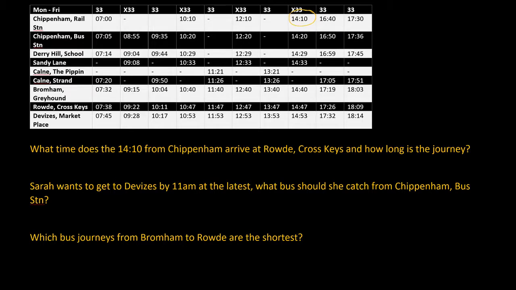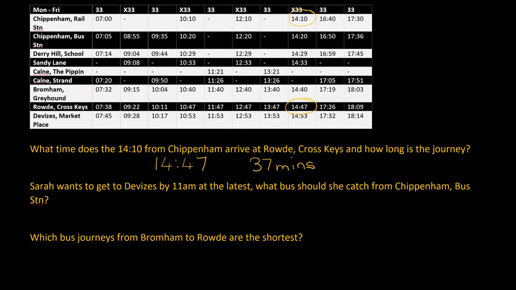So we go down until we find the Rowdy stop, which is here. We can see that it gets there at 14:47. And if we left at 14:10, that means it's taken 37 minutes to get there.